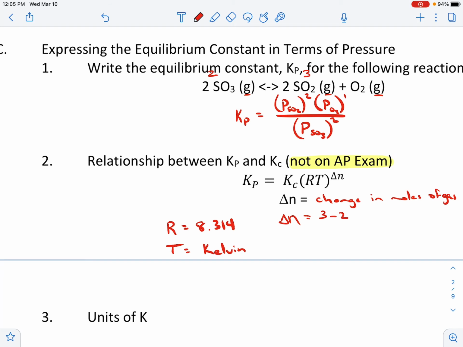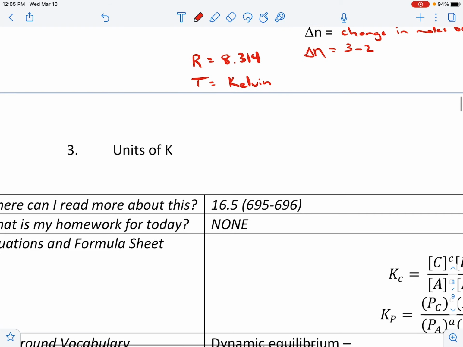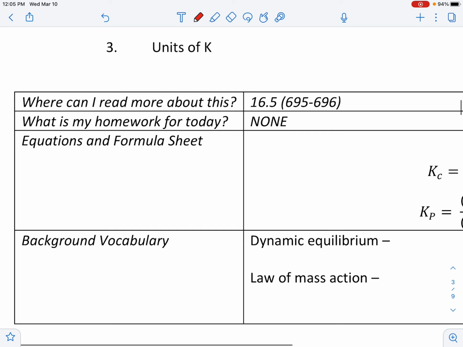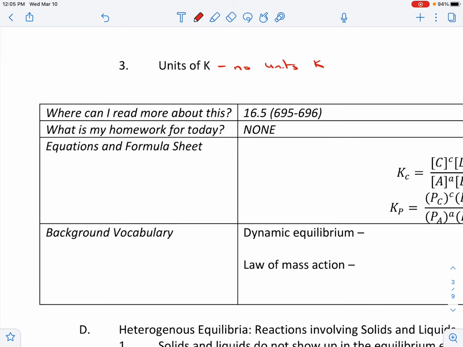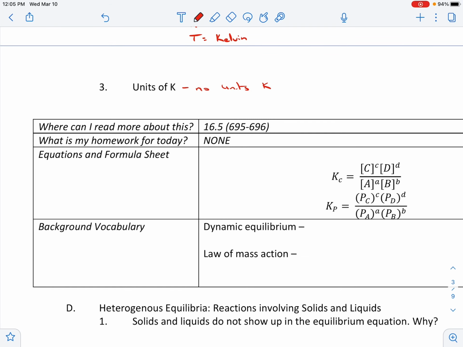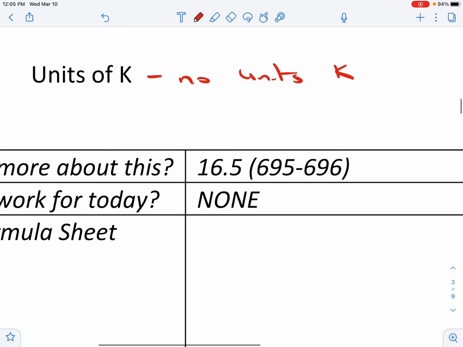Awesome. Okay. Now units of K, this is just something that comes up. There are no units on K. All right. The very simple explanation of that is that it's based on activities.